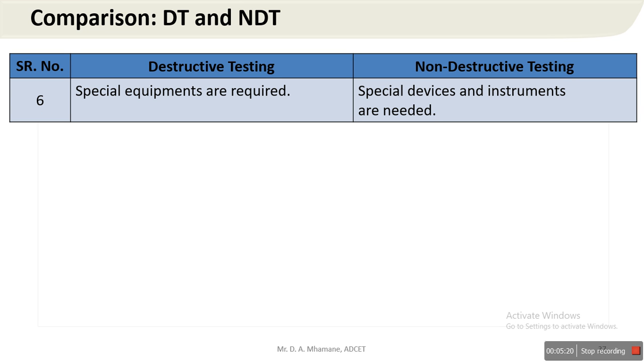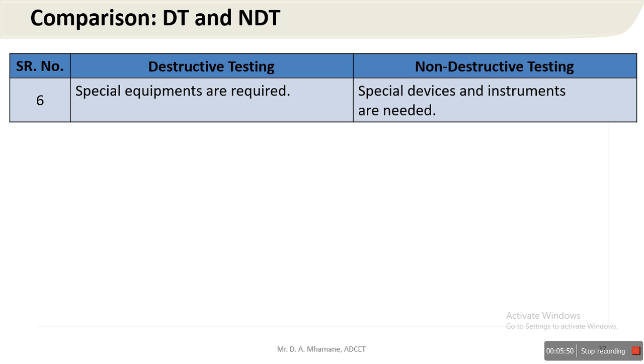Sixth comparison point. In destructive testing, special equipment is required. But in non-destructive testing, special devices and instruments are needed. Means in destructive testing, for special properties, a special attachment, instrument or equipment is used.